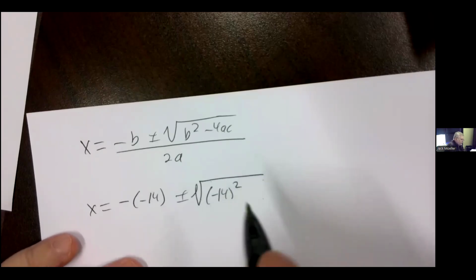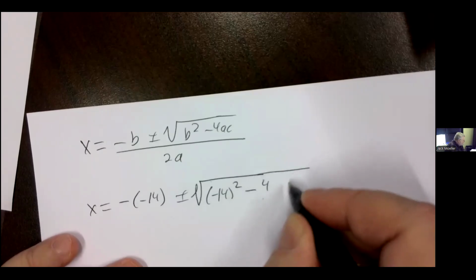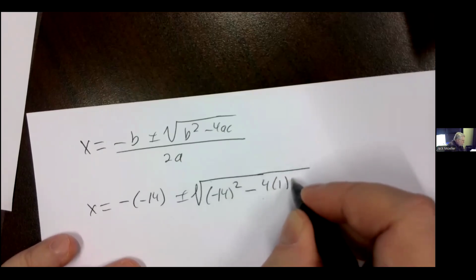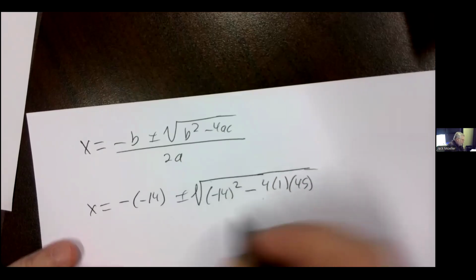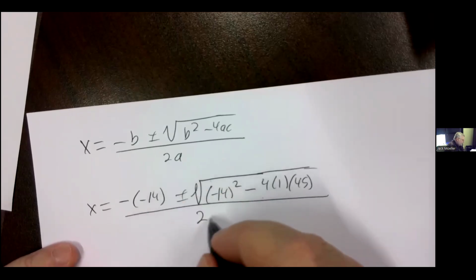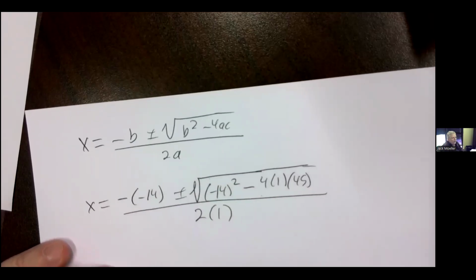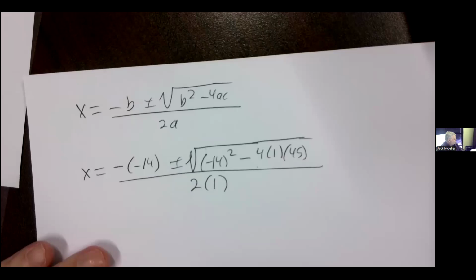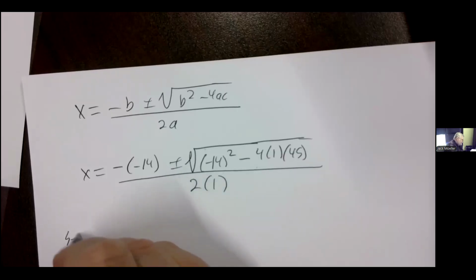Parentheses are important. Minus 4, a is 1, times c, which is 45, all over 2 times a, which is 1. So there is step 2: get your a, b, and c and plug them in. So step 3 is simplify.